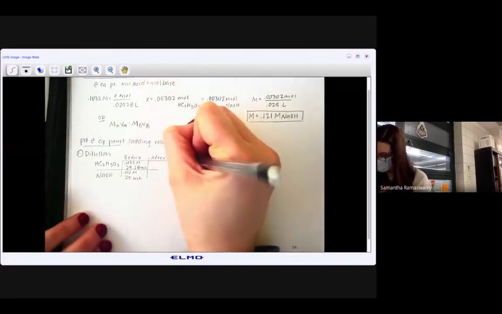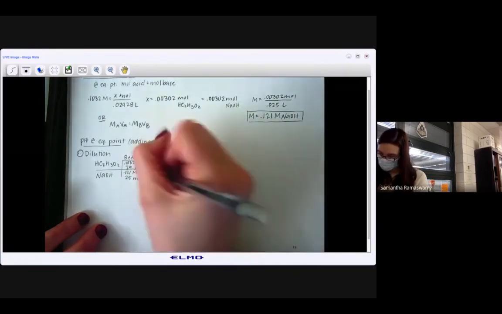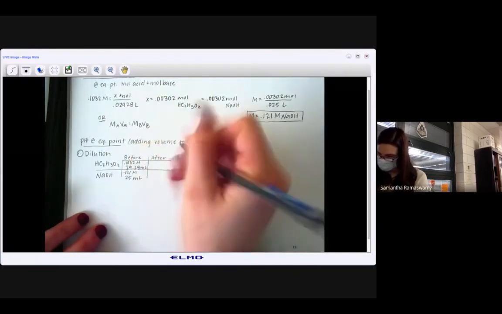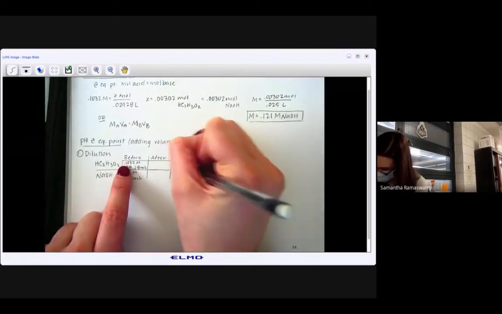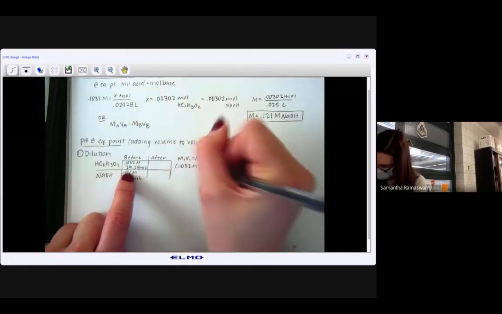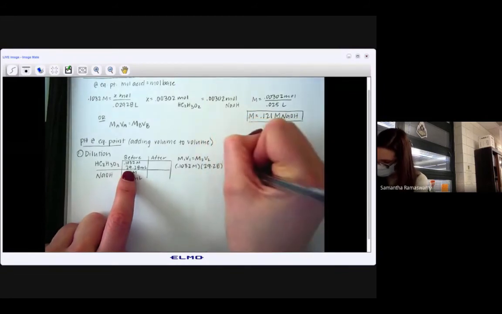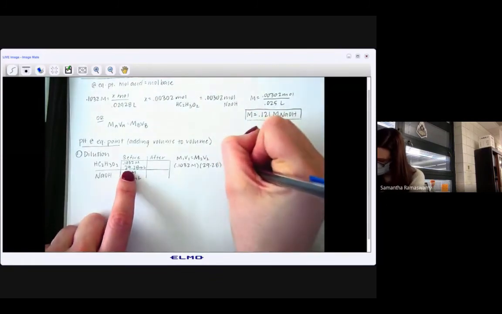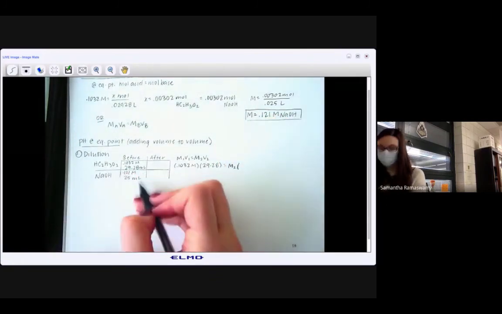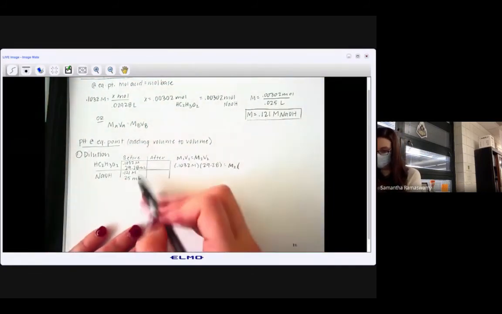So remember, for dilution, we use M1V1 equals M2V2. So M1 for acetic acid, 0.1032 molar. The volume was 29.28 milliliters. I'm looking for the new molarity when these two solutions are mixed. So the new volume is when the two are mixed.